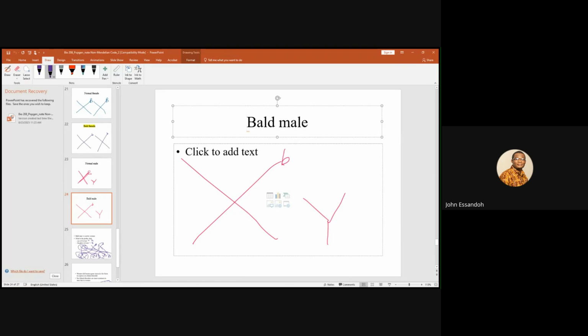All right, so it is saved. Let me go here and copy it. I'm saving the right one.